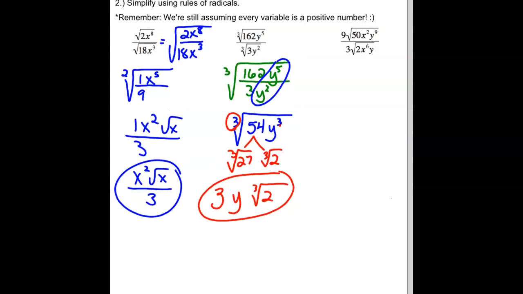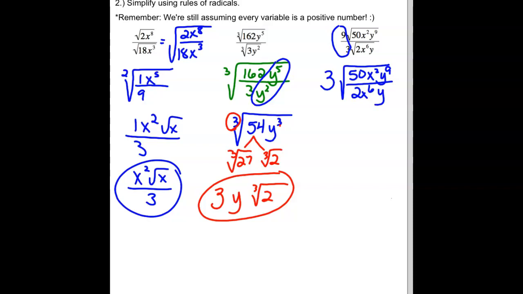All right, notice on this one, we have some numbers that are outside and we have some numbers that are inside. We can reduce the outside ones. So 9 divided by 3 would be 3. And then I'm going to put all of this stuff inside one big square root symbol. And try to break that down.